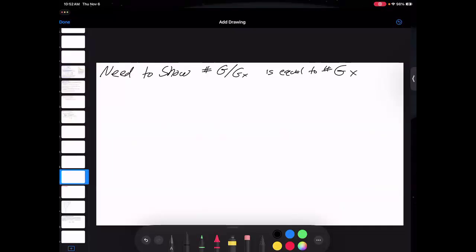Okay. So the first thing is, do you think everything in the orbit is hit? If I give you something in the orbit, do you think that something is going to hit it? So if we show the map is one-to-one and onto, we win.